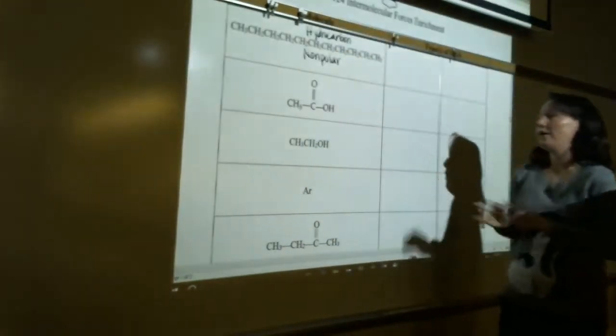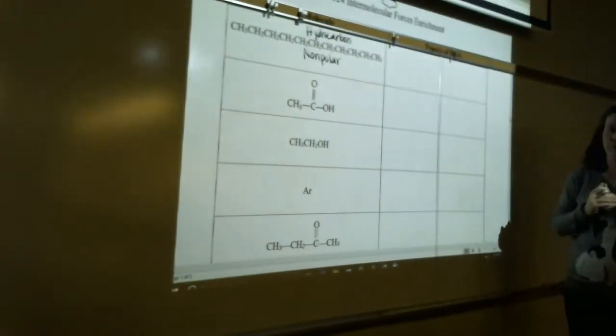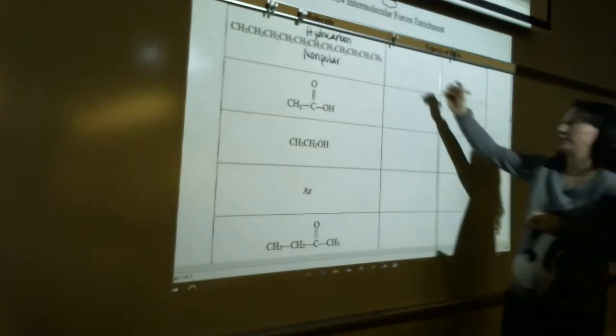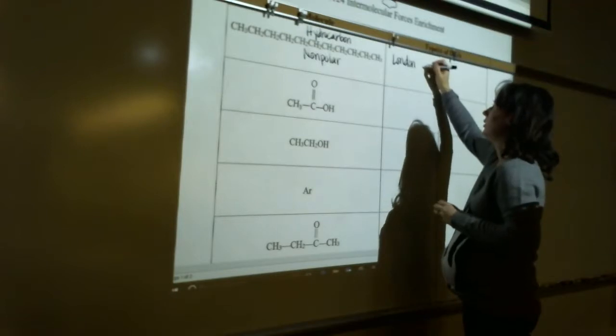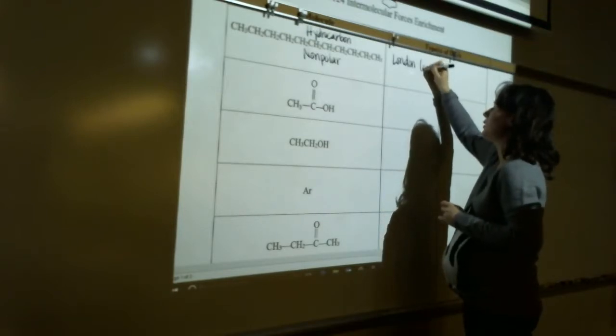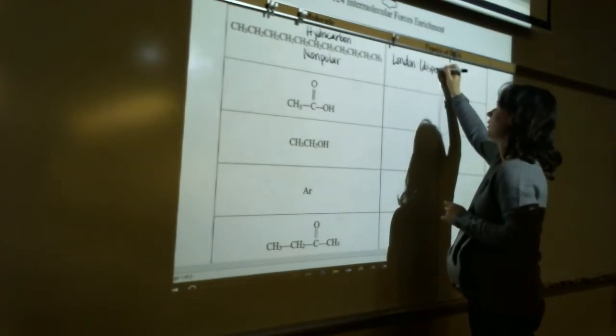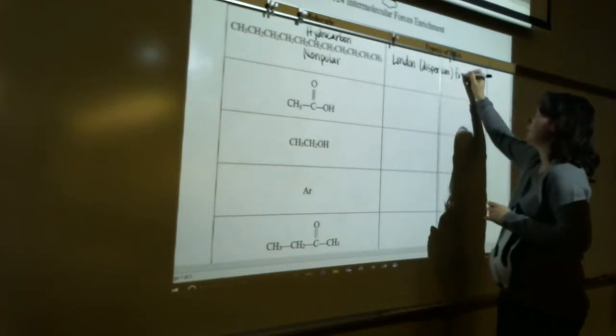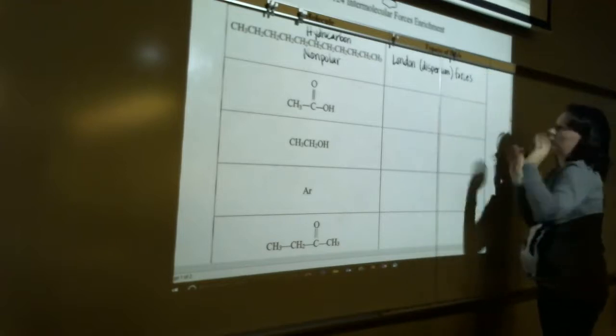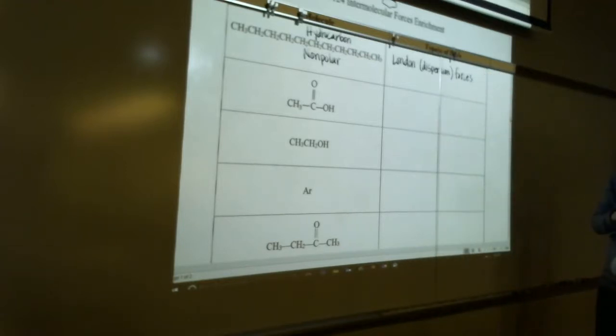So every substance has which IMF? London forces, right? So you just need to decide, you can call it London forces, you can call it London dispersion forces if you prefer. Just depends on which book you're looking at. And some books just call it dispersion, so don't be surprised if you see those used interchangeably.